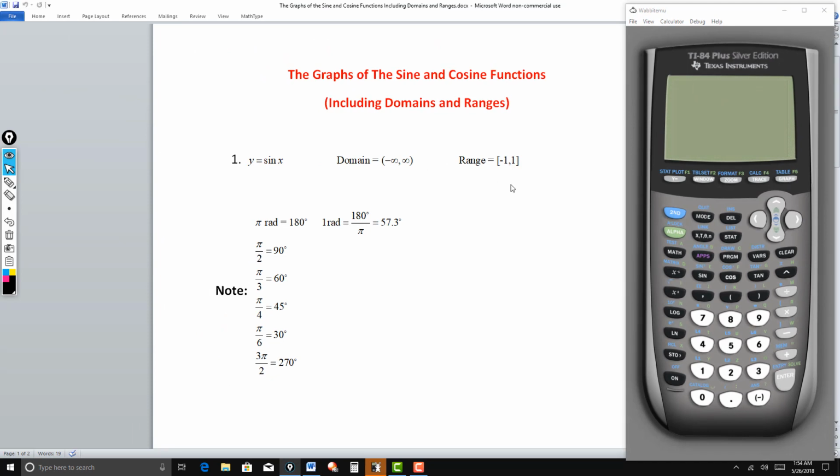In other words, when you plug in a value for x, whether it's radians or an angle in degrees, the value you're going to get is some number between -1 and 1, including the -1 and the 1. Now if you have other values in front, as the coefficient of the x, or this has a 2x over here, this is going to change. But that's the standard domain and range for the function.